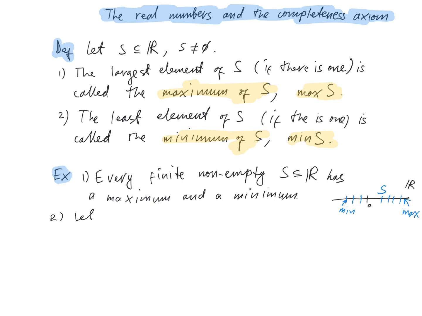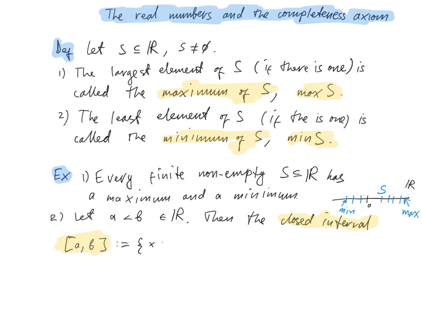Another example, let a less than b be two arbitrary real numbers, then we can consider the closed interval denoted as the closed interval between a and b, which by definition consists of all real numbers x, such that a is less or equal than x is less or equal than b, so the endpoints a and b are included, has a minimum which is just the left endpoint a, and a maximum which is just the right endpoint b.